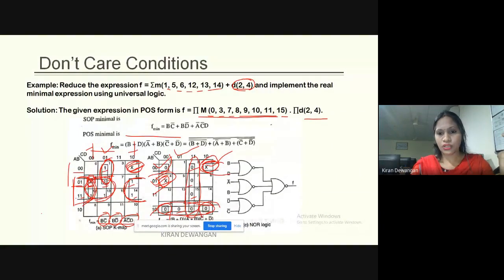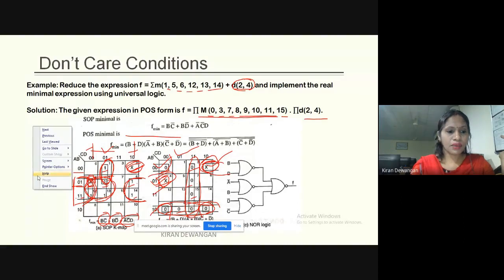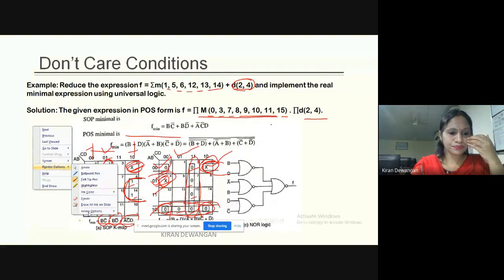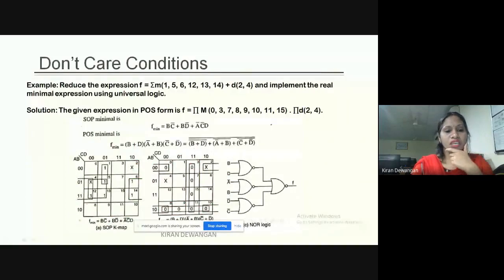Here, as we could see, there are a number of quads and pairs formed in the K-map. यहाँ पर हमने 2 quad और एक pair form किया था. Hence we have 3 prime implicants. Here we formed 3 quads. Again we have 3 prime implicants. मतलब including all the pairs and quads, it will calculate the total number of prime implicants.